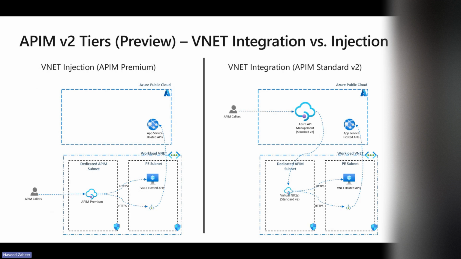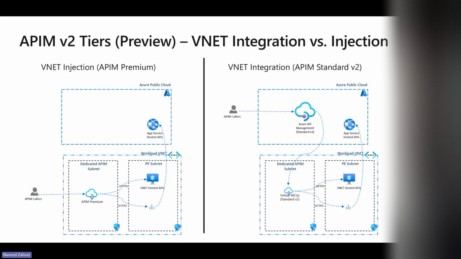And let's take a look at the networking side of things. If you are familiar with Azure API Management Premium, if you need API management to access app services which are inside your VNet, you have the option of VNet injection.